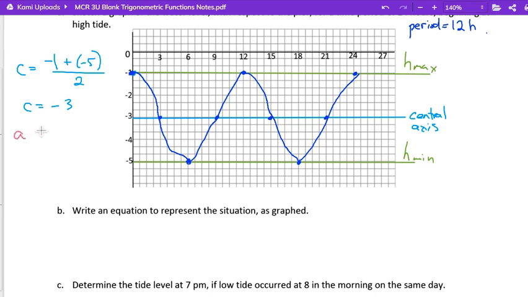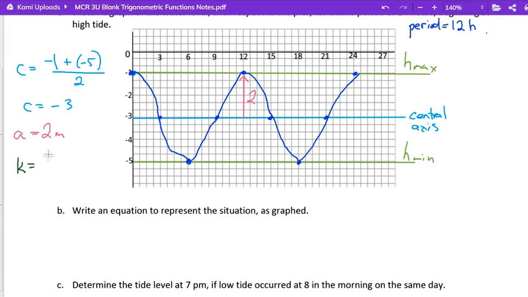We need our A value, and that would be our amplitude. So how much higher is the maximum from the central axis? 2 meters, right? So our amplitude is 2 meters. We have C. All that is left to find is our K value.